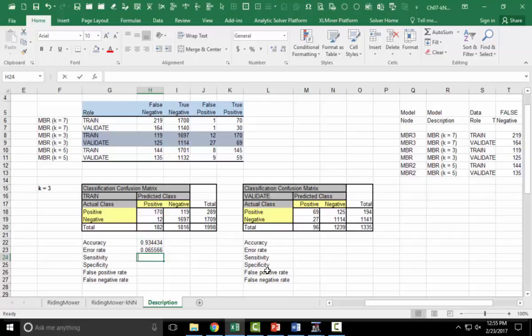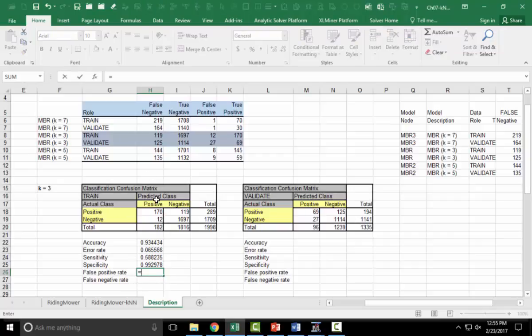Sensitivity is, among the actual positives, how many are correctly predicted. So that would be your sensitivity, and specificity is the same thing for the negative event.